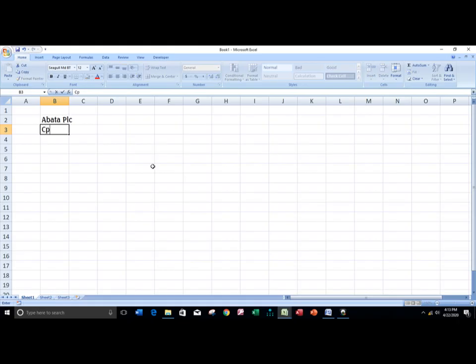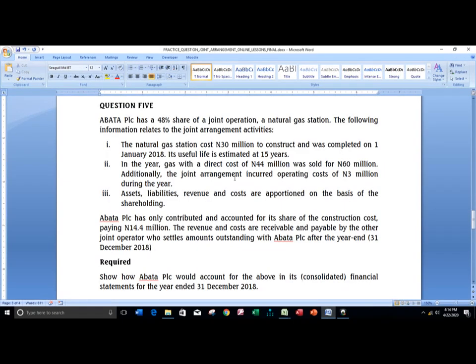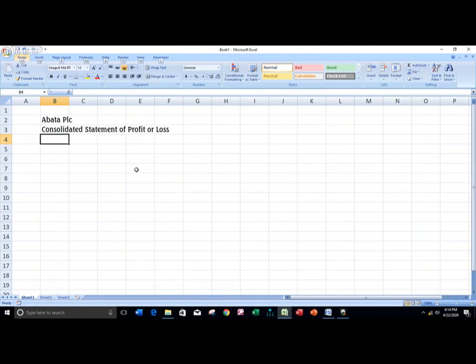Of course, it has to be a consolidated financial statement because Abata is operating on its own, just that it has an investment in another entity. So consolidated statement of profit or loss. And what is the year? Let's get the year from here. 2018.